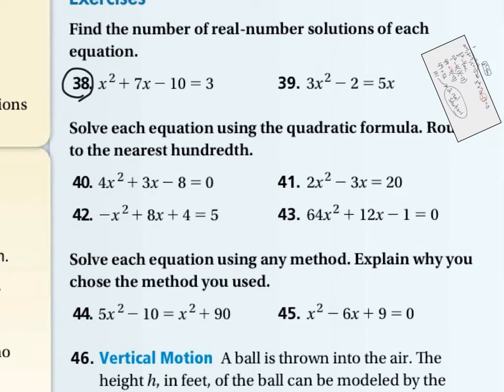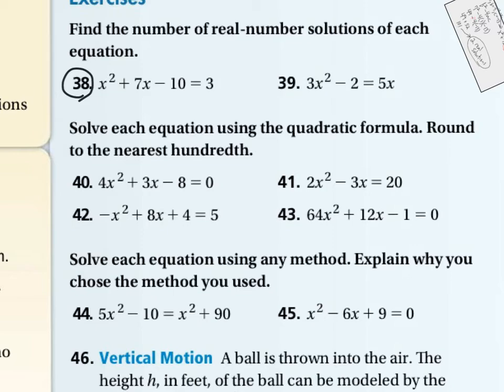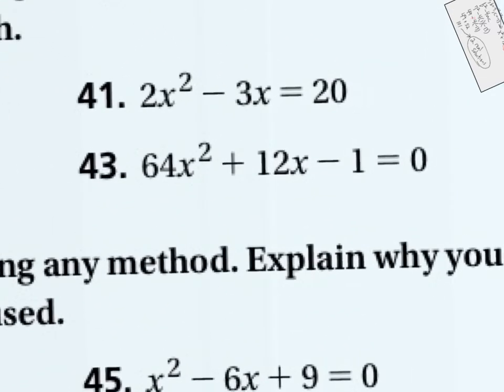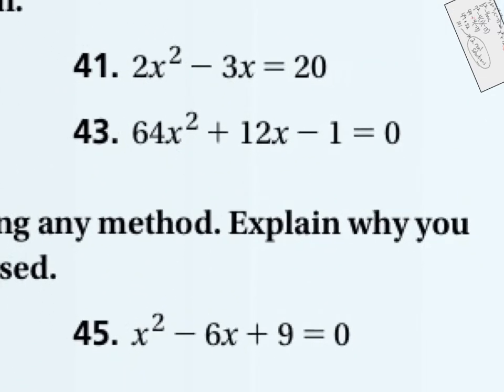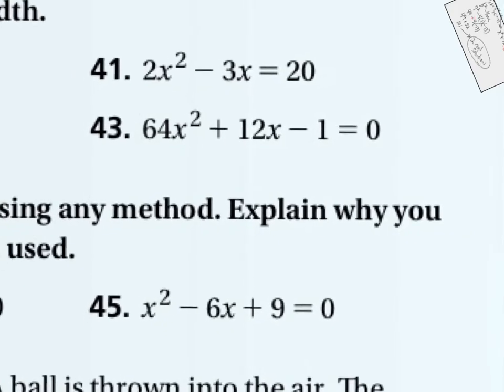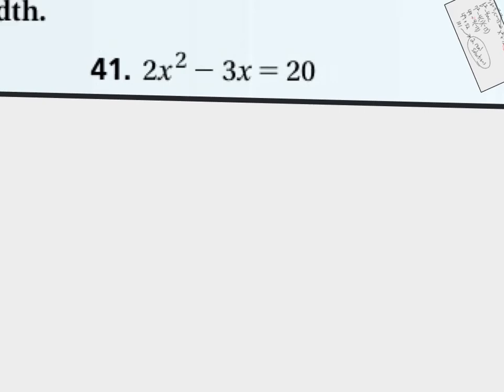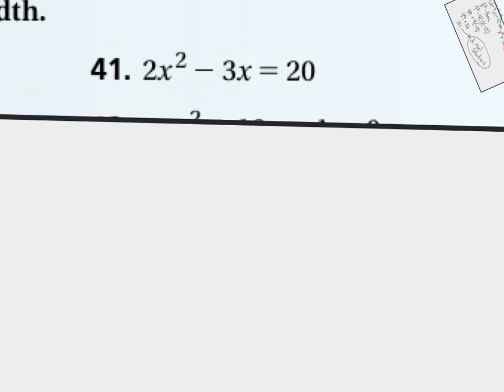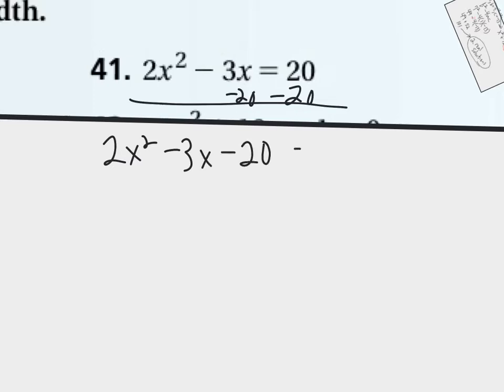If we go ahead and look at number 41, this one said to solve using the quadratic formula, round to the nearest hundredth. So first thing, once again, we need to set this equal to 0. Always the first step we need to consider for a quadratic formula.